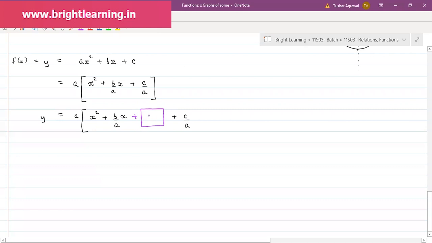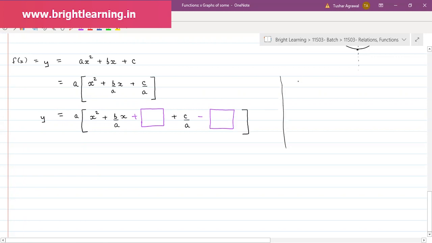So in order to make that, I will have to add a suitable term, but I cannot add a term on my own. I cannot change the expression. So in order not to disturb the expression, I will have to subtract that same term itself, so that the ultimate result is I'm actually adding 0, so that the expression is not disturbed.